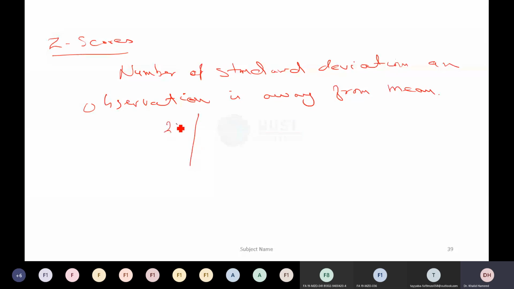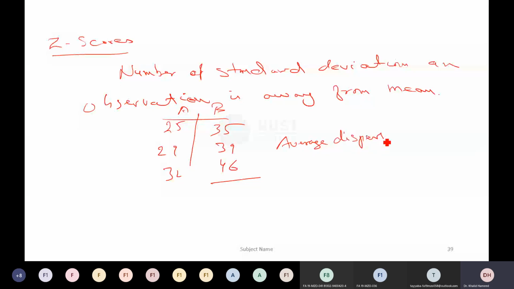For example, if you have a data set A with 25, 29, 32, and a data set B with 35, 39, and 46. If I want to ask you how much average dispersion is there in data set A and B, you can calculate it through standard deviation.